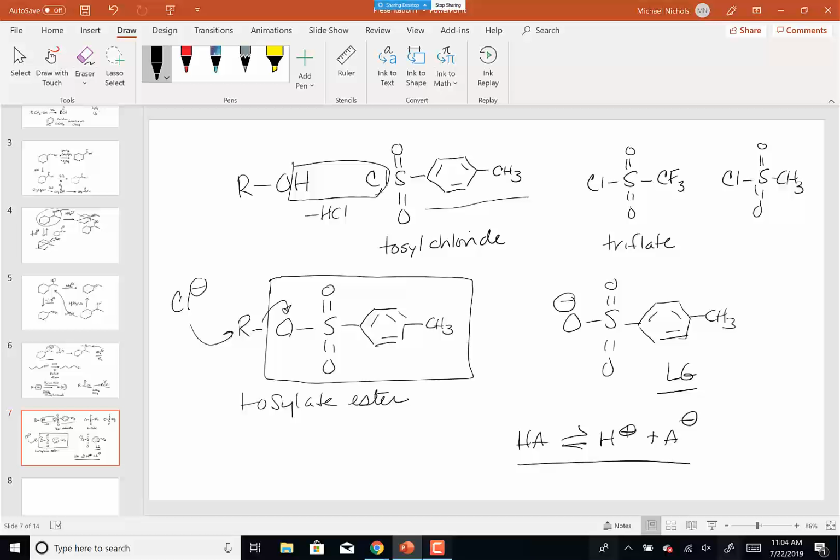Because the more this dissociates, the stronger the acid, the weaker the conjugate base. So how do I get the equilibrium to push to the right? How do we normally push equilibria to the right or left?